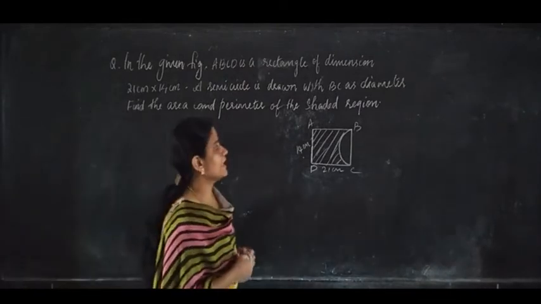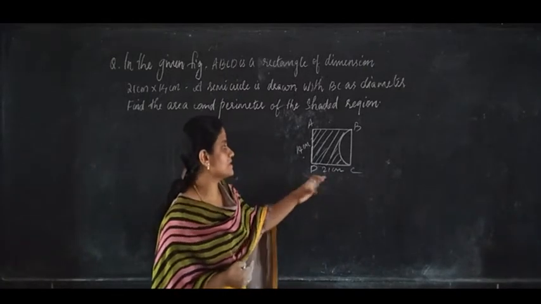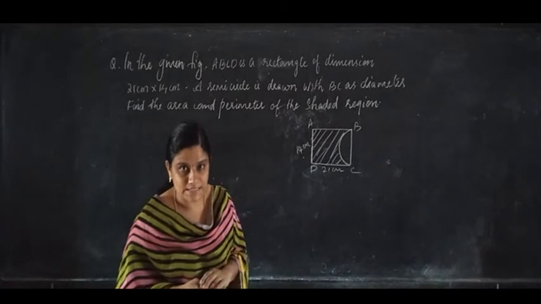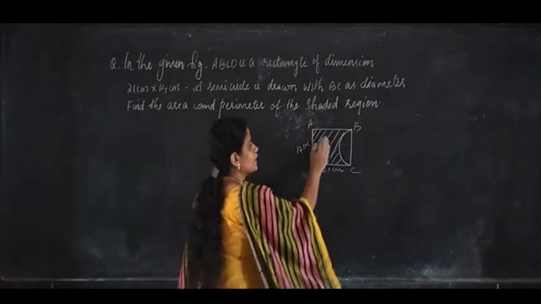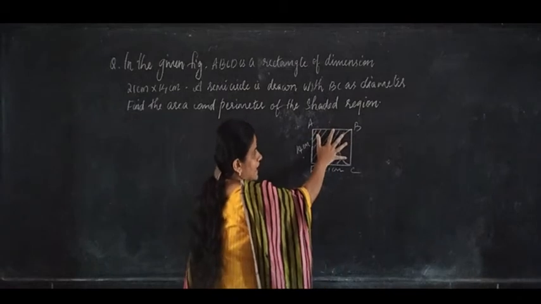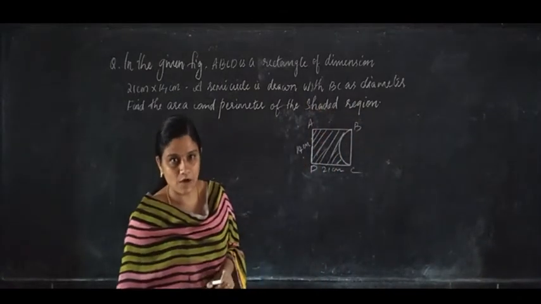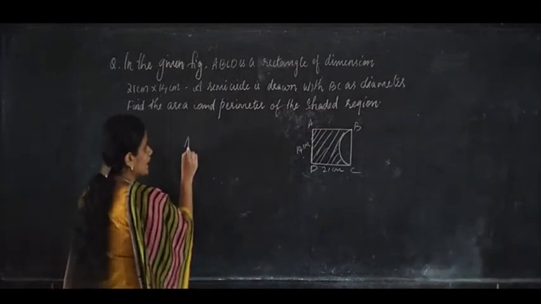Okay. Let us see here a rectangle ABCD is given to us, and the dimensions are 21 centimeter and 14 centimeter. Here we have to find the area of the shaded region. We all know that it is area of rectangle minus area of semicircle. So how can you write?